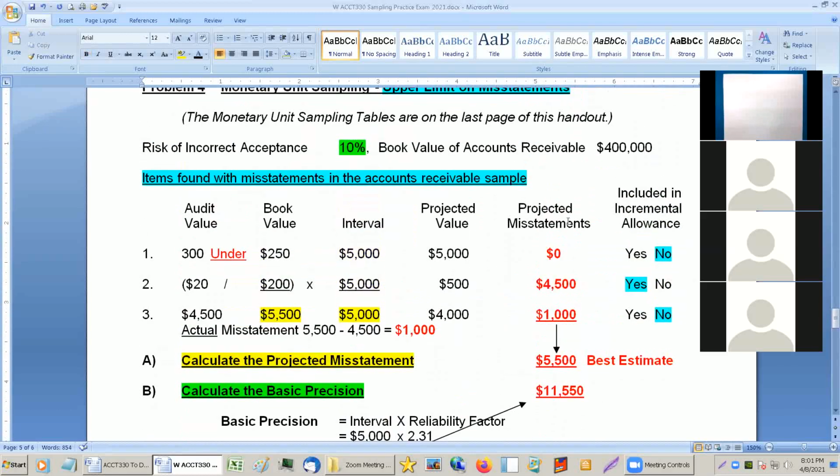Okay, so they give us a book value of, okay, so a good ruler.